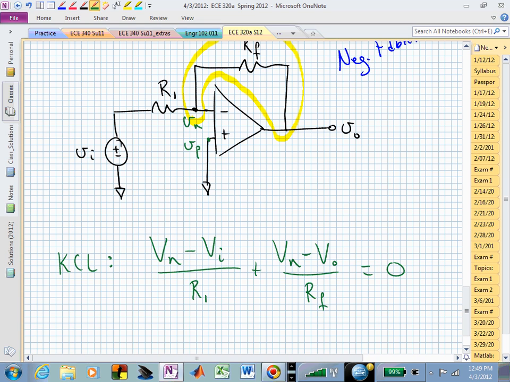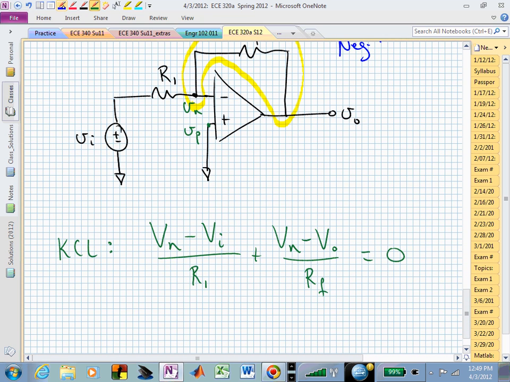But because I have this in a negative feedback configuration, I now know that the summing point constraint is in effect, or that V sub P is equal to V sub N. And if we look at V sub P a little more closely, we see that it's actually grounded.